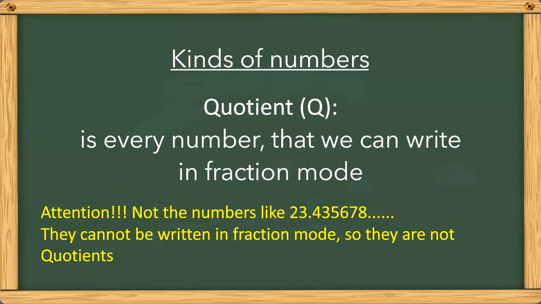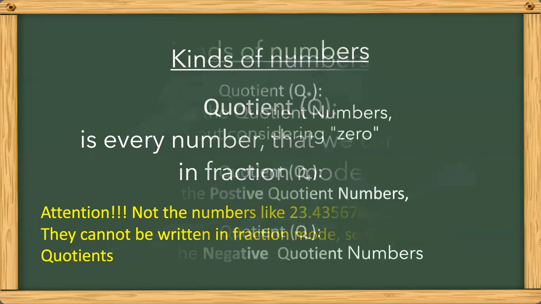Let's see an example. 23.435678 and non-stopping, the digits after the decimal point do not stop. This number cannot be written in a fraction mode. So this number is not a quotient number.